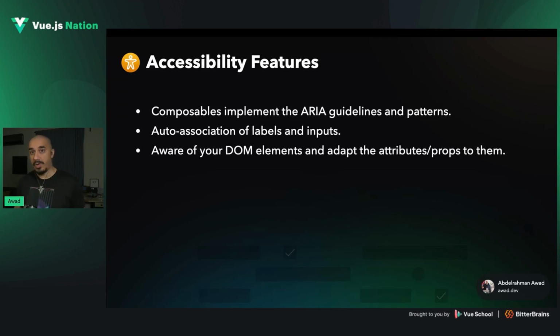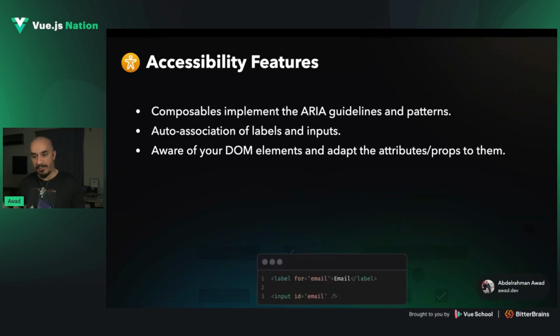And we are also aware of your DOM elements using a ref capture system that we have that morphs the attributes to suit however you are building your UI, right? Like you can build a checkbox with an input type checkbox or without it, right? You can make it visually hidden, or you can have a bunch of divs and call it a checkbox, right? So Formwerk adapts to both these use cases.